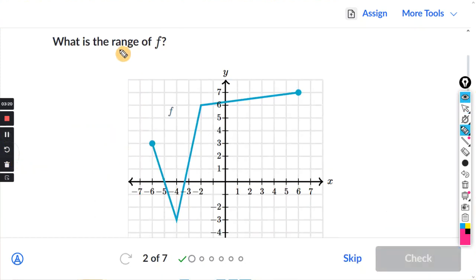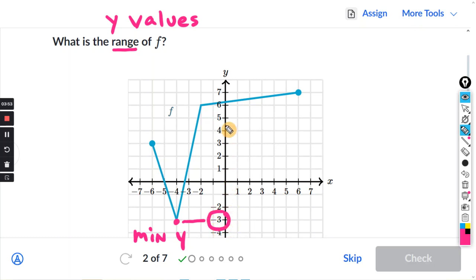All right, here it says, what is the range of f? f is just the name of the function, but we said at the beginning that the range is the possible y values. So we are looking at the y-axis here. And if you look at the lowest possible y value, the minimum y, that is at -3.